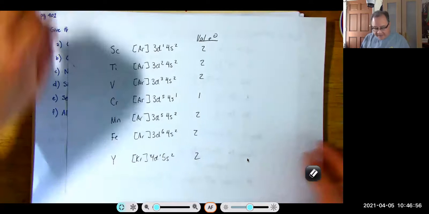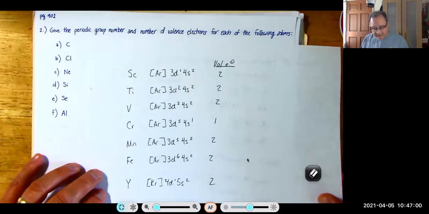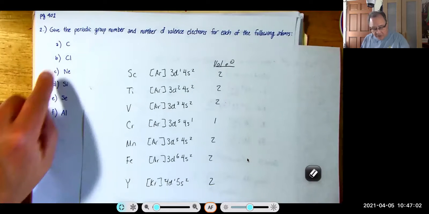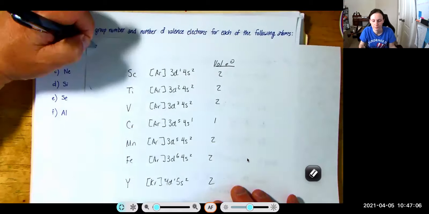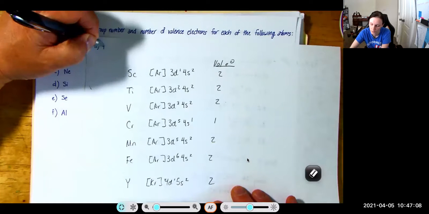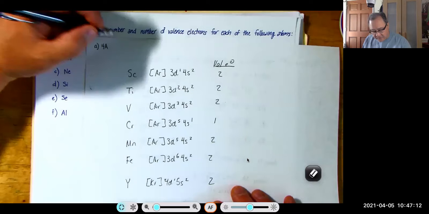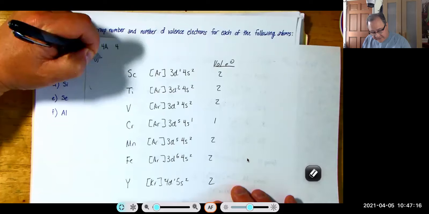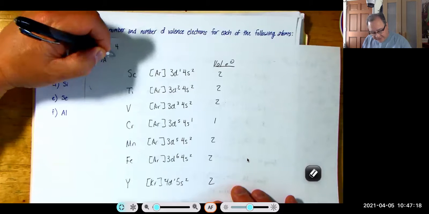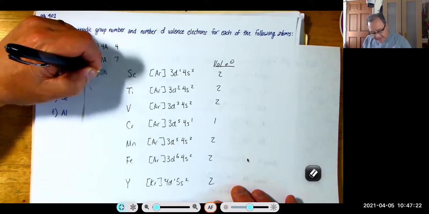Okay. That being said, give the group number and the number of valence electrons for each of the following. So carbon would be in group number 4A, right? And how many valence electrons? 4. Chlorine is in group 7A, 7 valence electrons. Neon is in group 8A, 8 valence electrons.